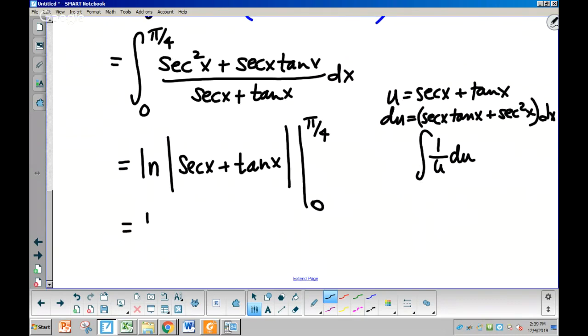We get natural log of secant of pi over 4, which is root 2, worth knowing at your fingertips, plus the tangent of pi over 4, which is nicely 1, minus the natural log of the absolute value of the secant of 0, which is 1 over the cosine of 0, or 1 over 1, plus the tangent of 0, which is 0.